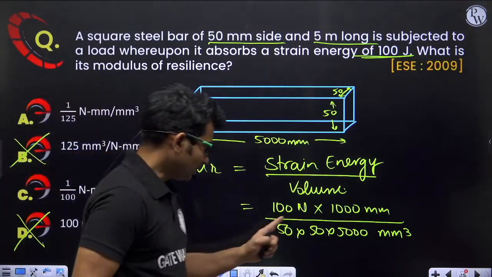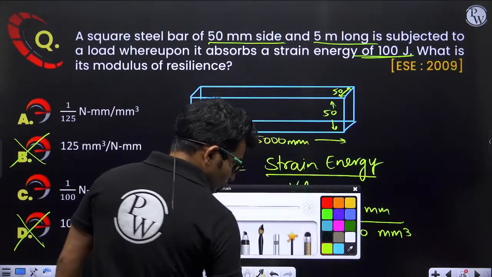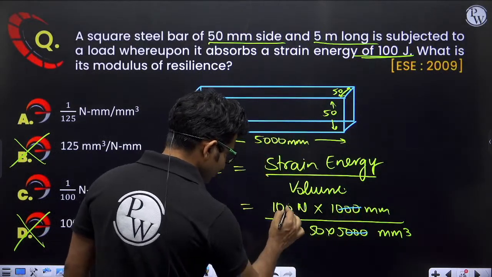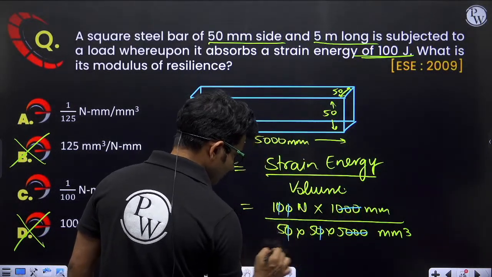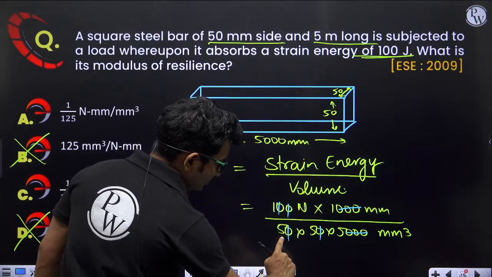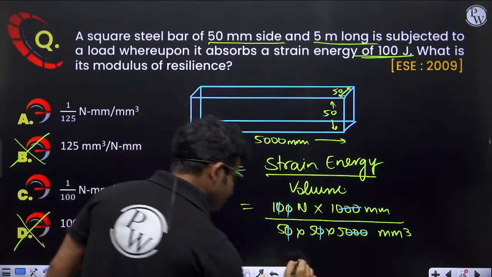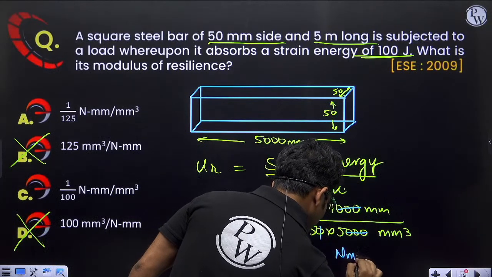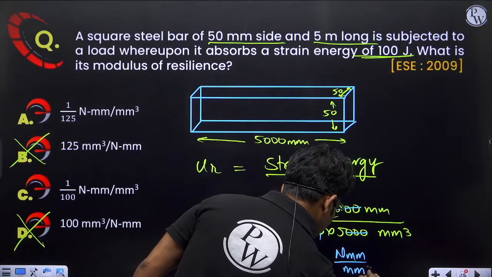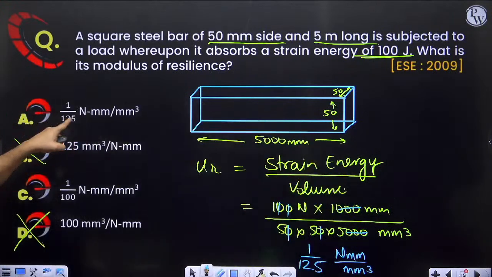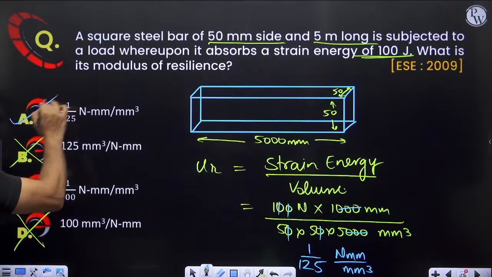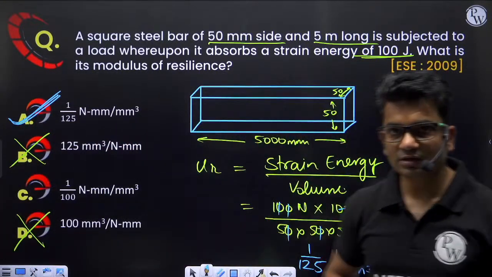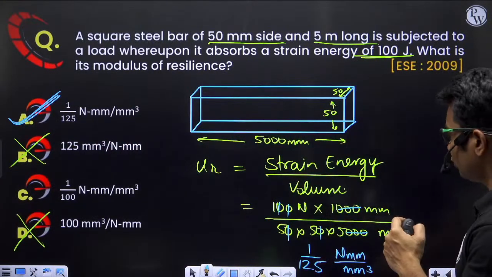Now 3 zeros cancelled from here, 1 zero from here, 1 zero from here. It is coming 1 by 125 Newton mm per mm cube. So the correct answer will be option A. Clear? Okay, so let's move on to the next question.